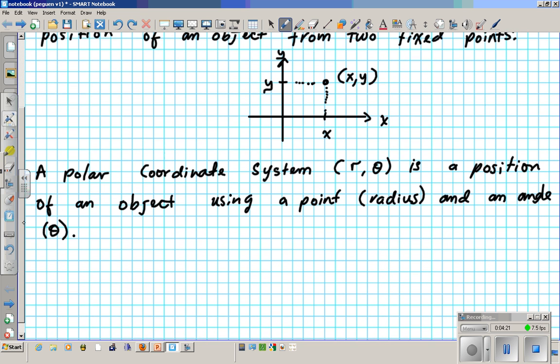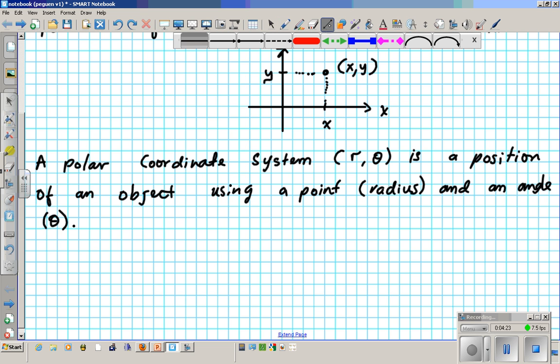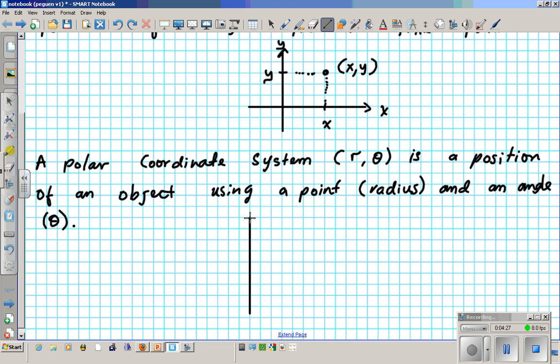Well, it just involves going out on a point and then rotating to create the angle. First thing you always have to do is graph the radius. Let's say the radius is r units long. How far you go out, always to the right, is your radius.